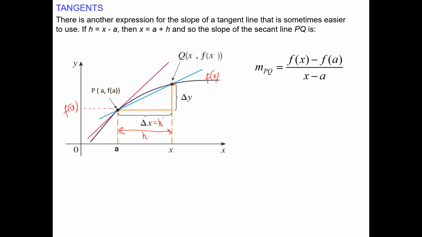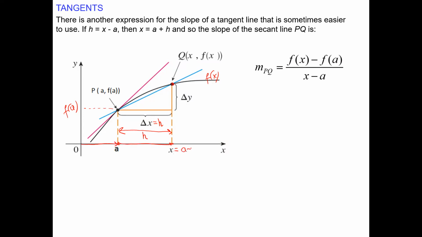H is just an additional label, not a variable, just an additional letter. If this point is a, then that x can be replaced with the distance a plus h.